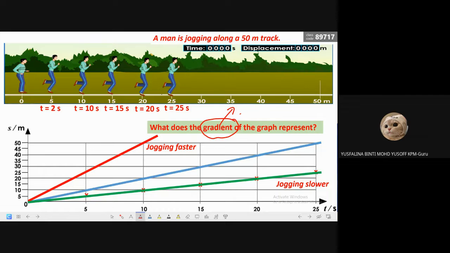So the triangle, let's say if I take this one, the red one, you take two coordinates. Usually we will take 0, 0, the coordinate that is easy for you to read. So this one is 0, 0, and this one, let's say I take this one, another point.